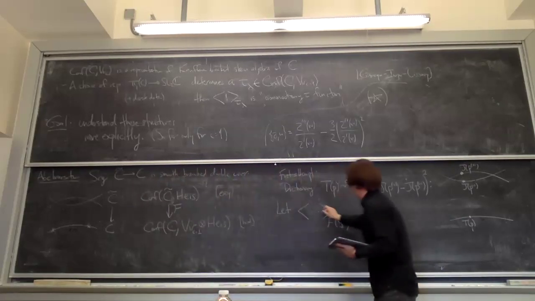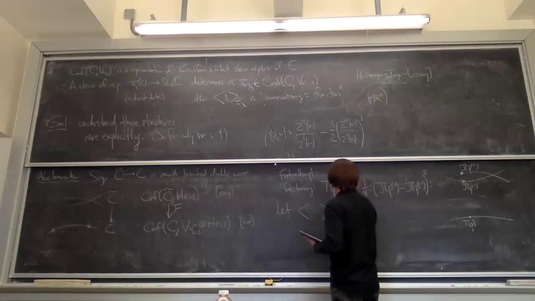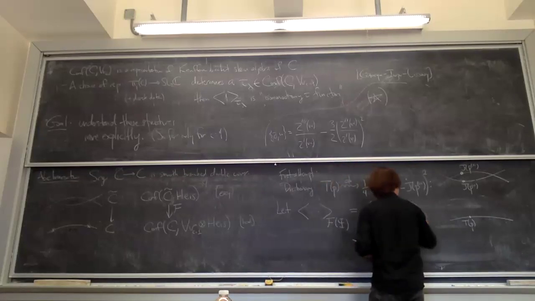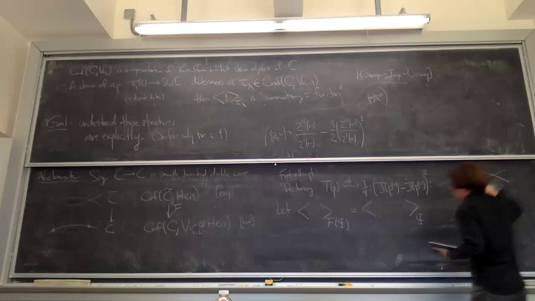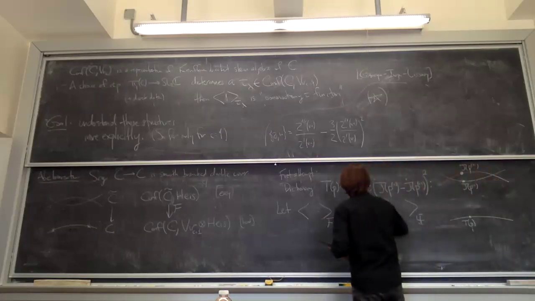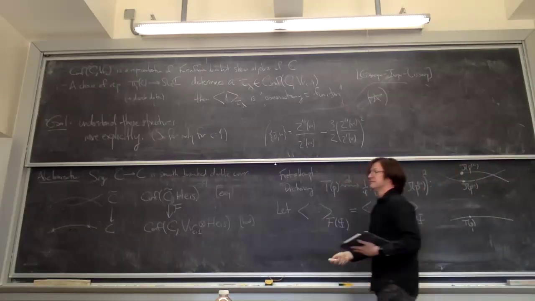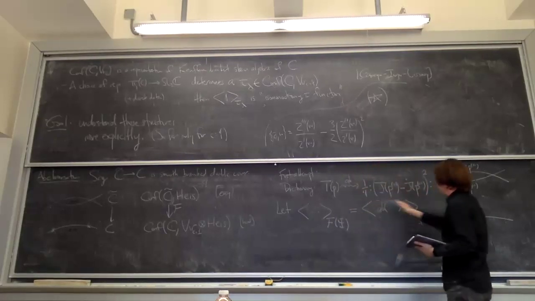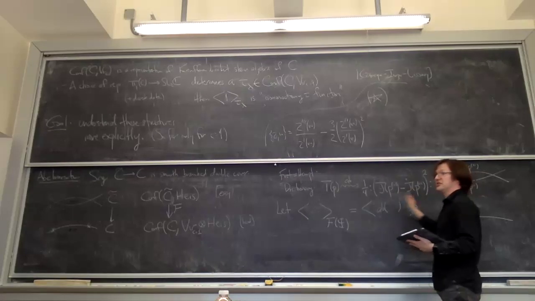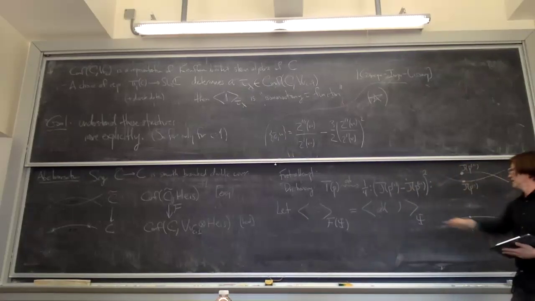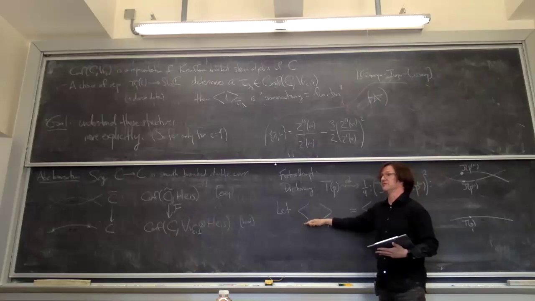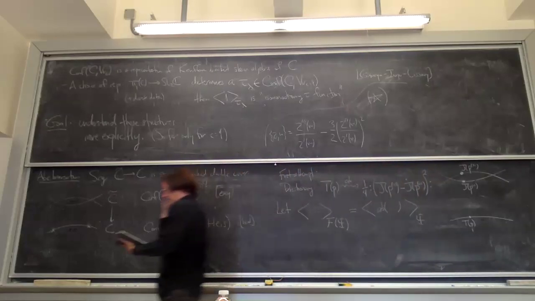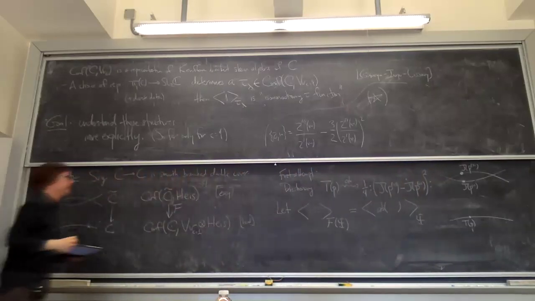So the correlation functions in the block f of psi will be defined to be equal to the correlation functions upstairs in the block psi, where I just apply this map to all the insertions. So if I have 3 T's, I'll apply this to it, and I'll get some combination of 6 J's up on the cover. I compute the correlation function here, and that's supposed to give me the correlation function here. That's the proposal.